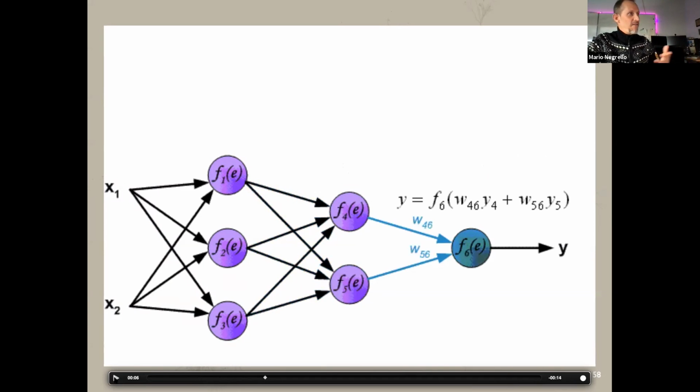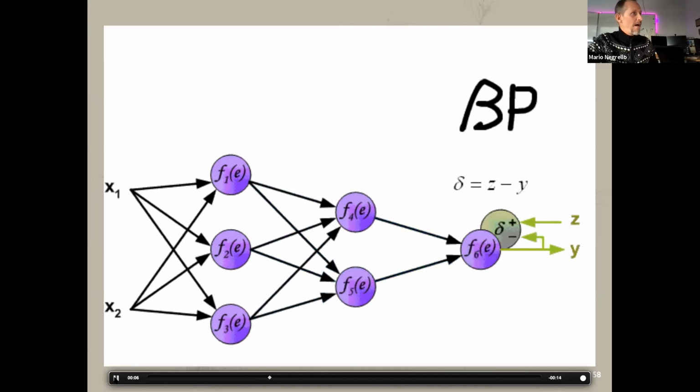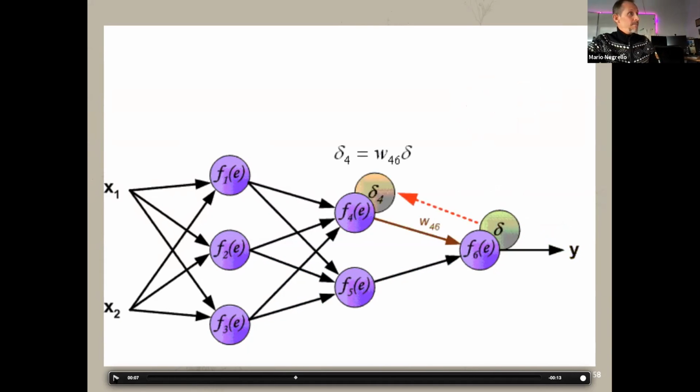It integrates ultimately the entire output of Y, with the target being Z and Y being the actual output. If Z is not Y, then let us change with a certain delta the weight between the output units and the unit that came just before.